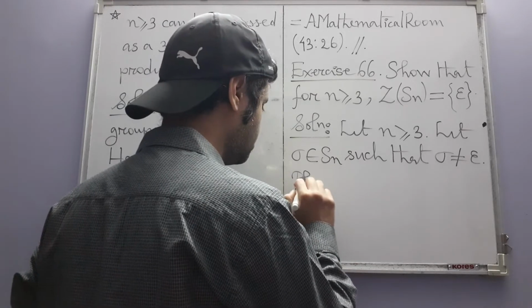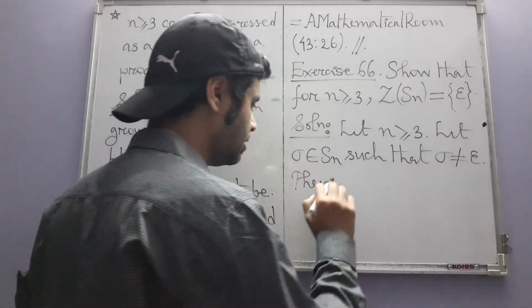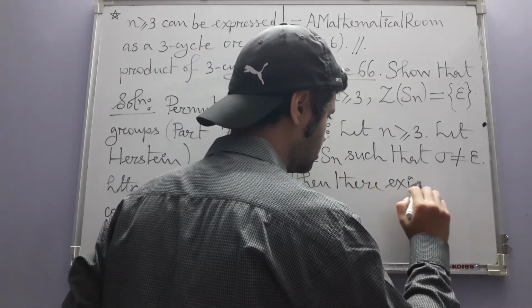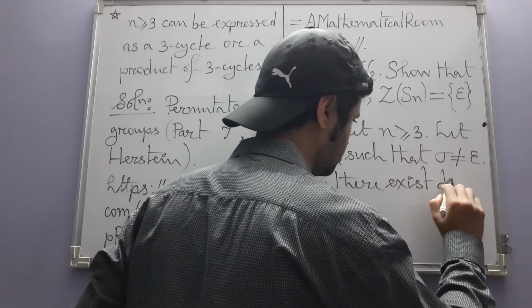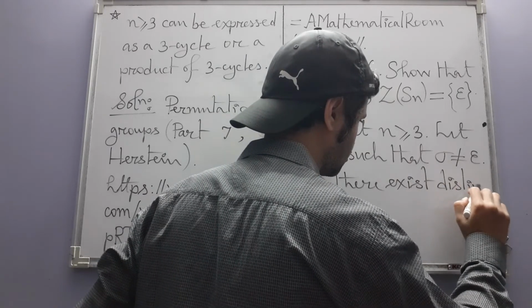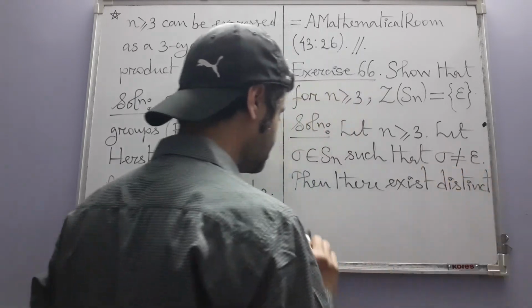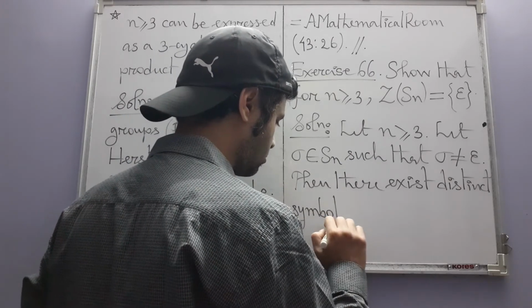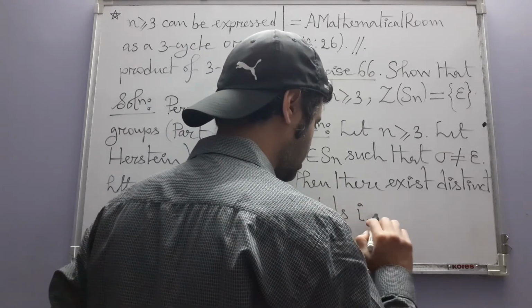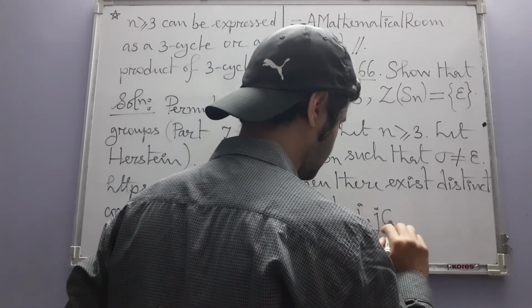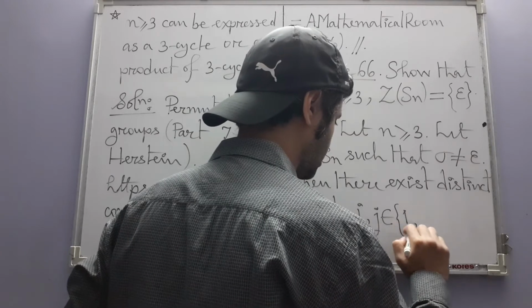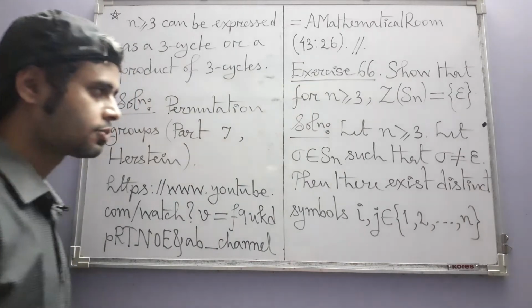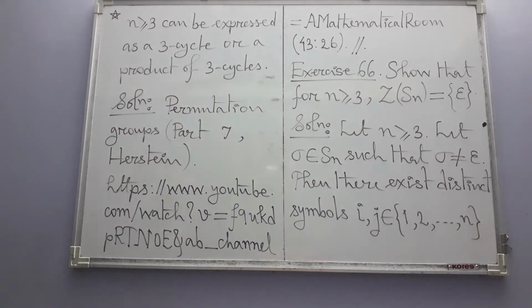So because of that, there exist distinct symbols i and j, say, in this set such that sigma of i is equal to j.